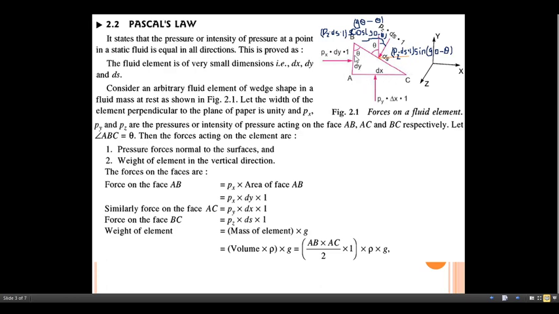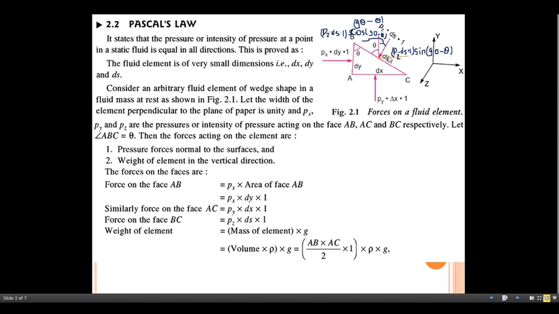This small element we have considered has a force in an inclined direction. If this angle is theta, then since this force is perpendicular to this face, this angle must be 90 minus theta. What about the component of this force in the horizontal direction? The actual magnitude is Pz multiplied by ds multiplied by 1.